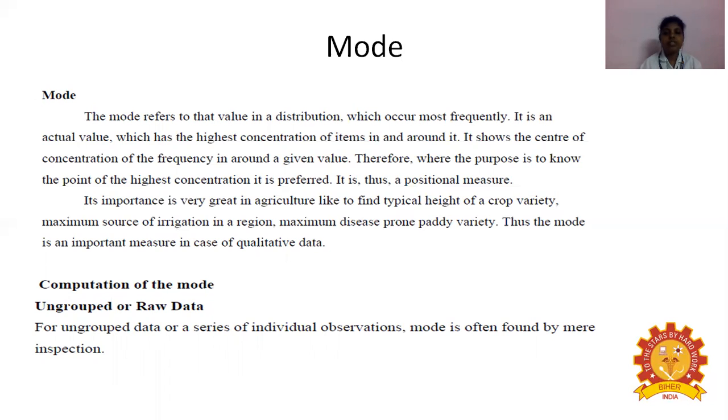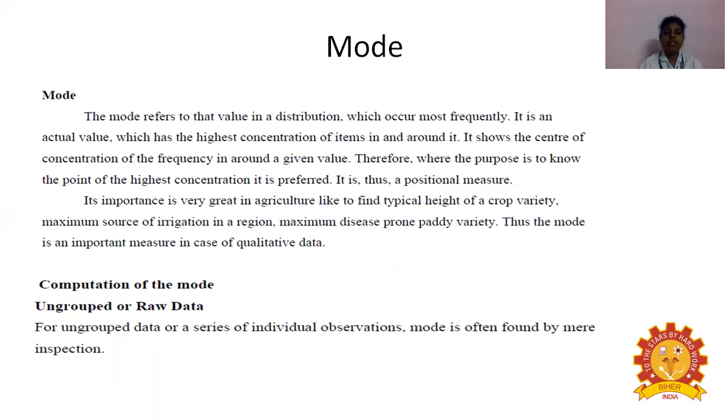It shows the center of concentration of the frequency in and around a given value. Therefore, where the purpose is to know the point of the highest concentration, it is preferred. It is thus a positional measure.